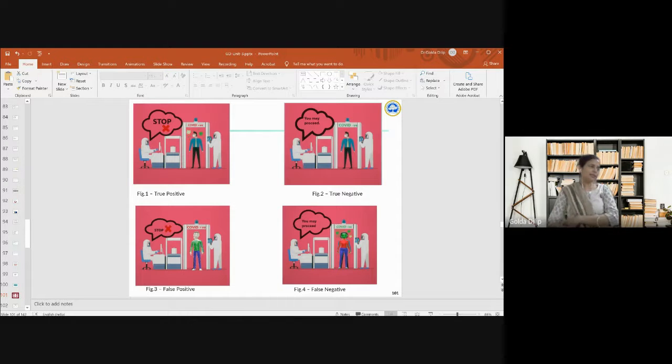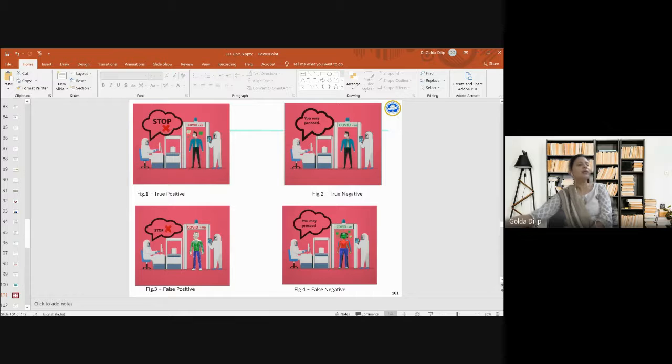The next is true negative. What is true negative? A passenger who's classified as not COVID positive, in the sense negative, and is actually not COVID positive.